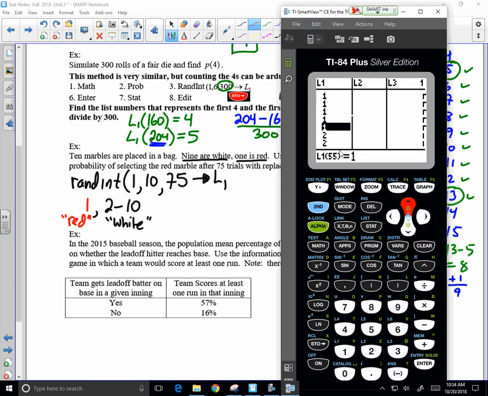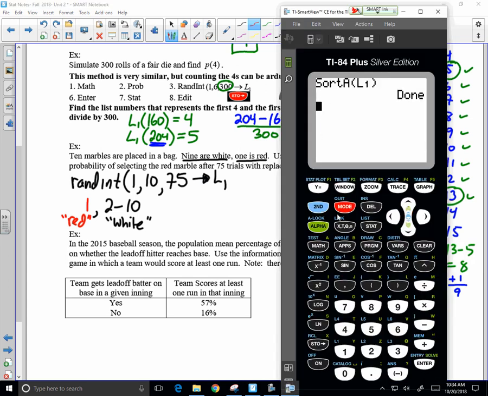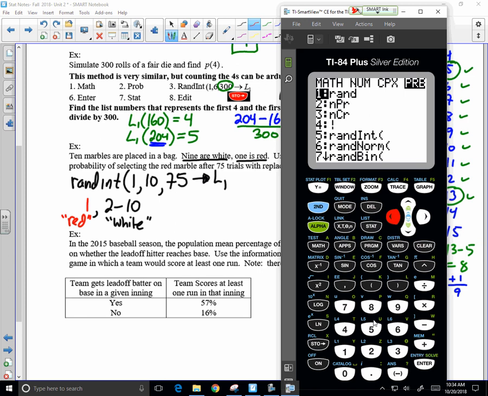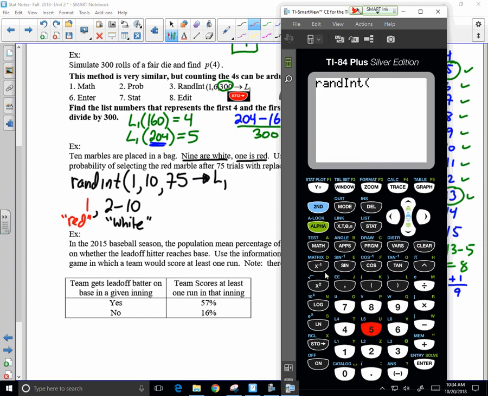All right, so the random integer, when we store it in there, will overwrite everything that's in L1, so you don't have to worry about clearing it. Math, probability, option 5, 1, comma 10, comma 75, then store into L1.